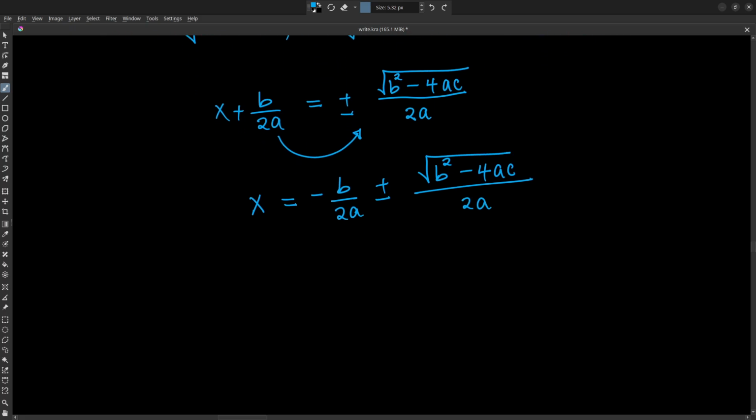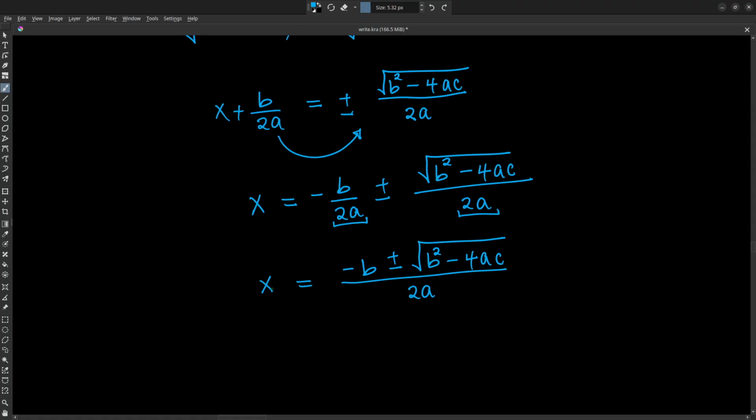Okay, now at this point, notice that this denominator 2a is the same as this other 2a. So long as the denominators are the same, you just write that denominator there and then do whatever operation is required on the numerator. So this is going to be negative b plus or minus the square root of b squared minus 4ac. And this is the value of x.